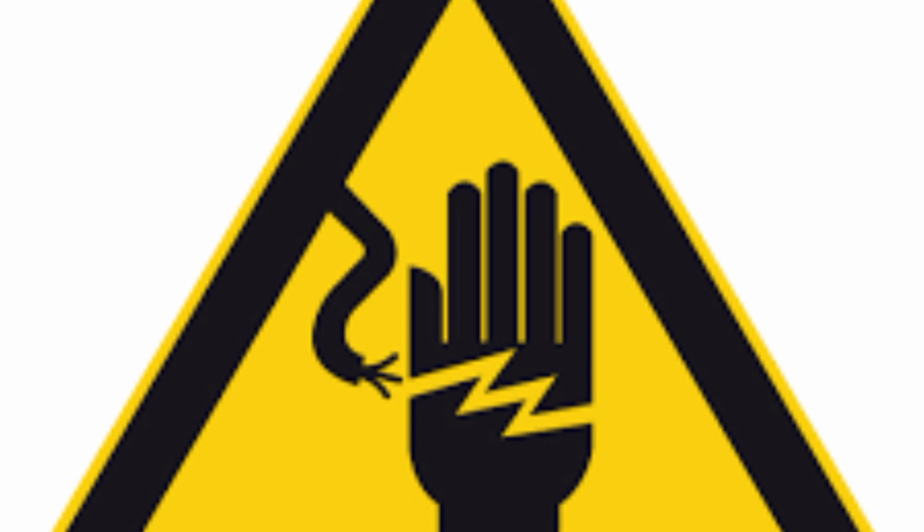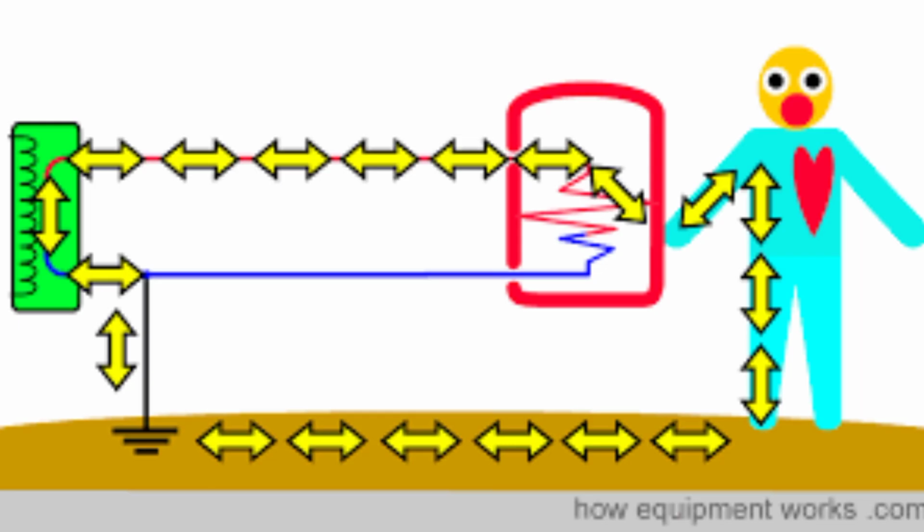Next, I will discuss with you how we can prevent electrical accidents. Preventing electrical accidents. Number one, insulation. Number two, electrical protective devices.